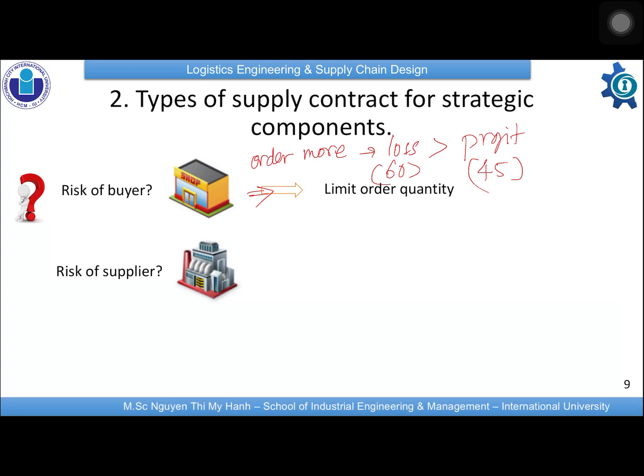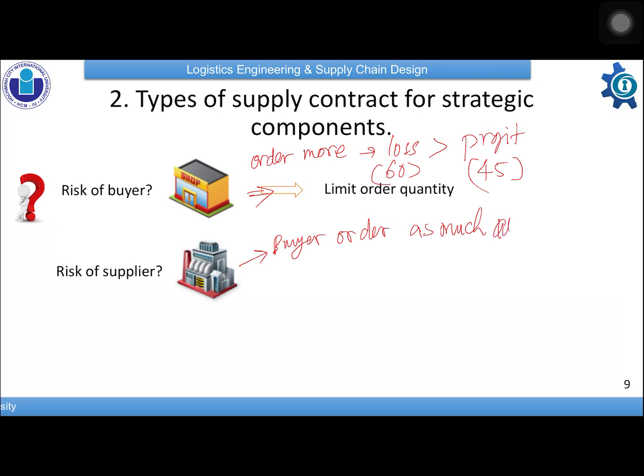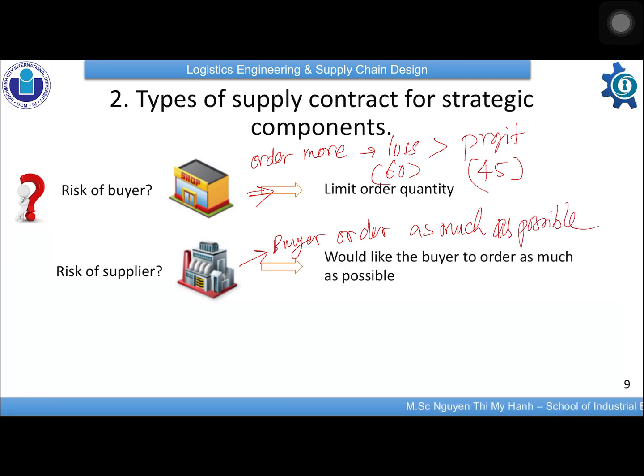So they want the buyer to order as much as possible, right? So the buyer tries to limit the order quantity, but the seller wants the buyer to order as much as possible.